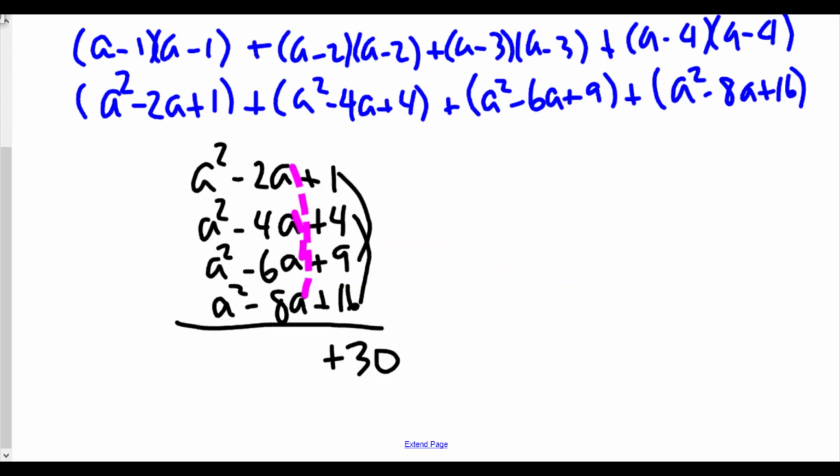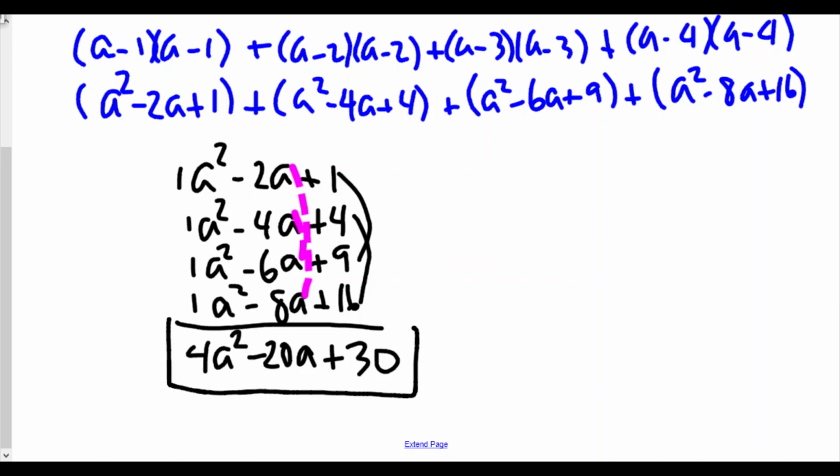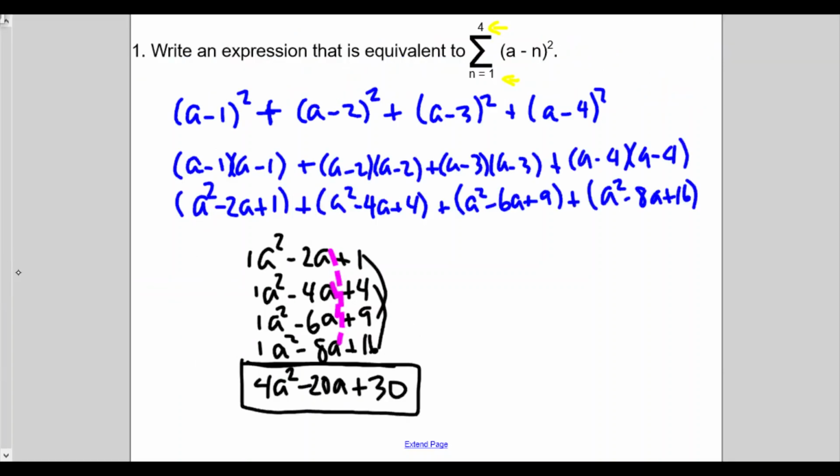So negative 10 plus negative 10 is negative 20, so negative 20a. And then a squared plus a squared plus a squared plus a squared is 4a squared, because all these coefficients are 1, and I'm adding them up. And so the final answer in this case will be 4a squared minus 20a plus 30. And that's what I'm looking for.